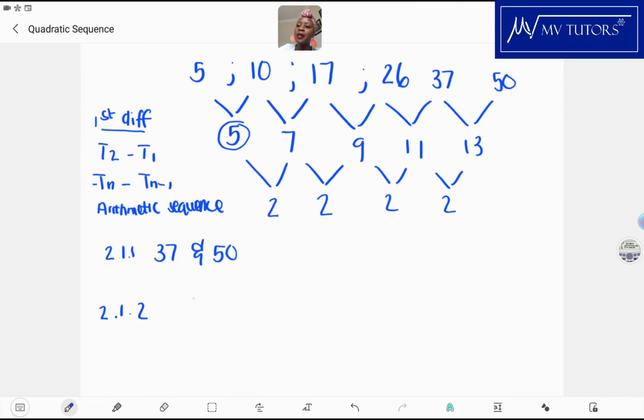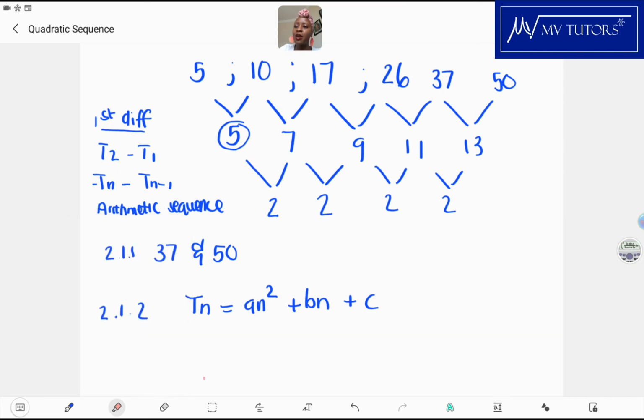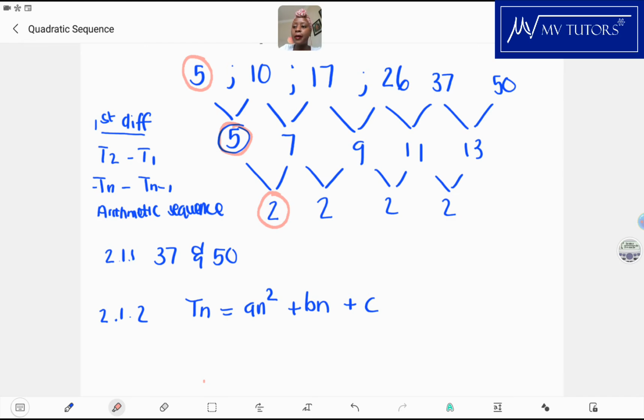2.1.2. Remember the general term formula? It is an squared plus bn plus c. Now, the important terms that you are going to look at here is 2, first of all, and then 5, and then 5 again. Why is that?